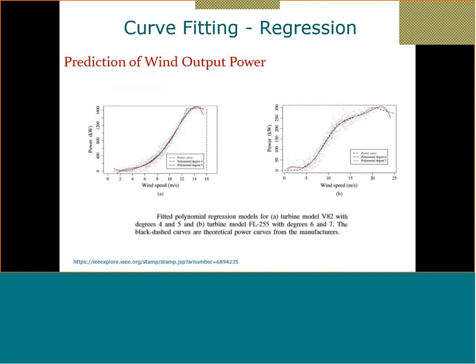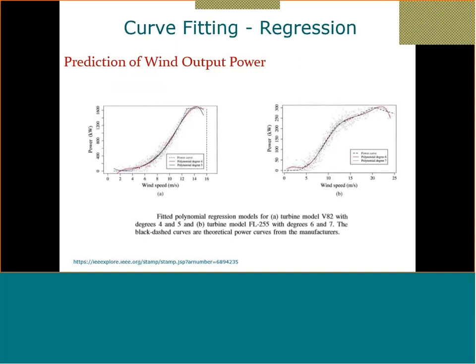The solution is to build a model that I can use for a forecast. So one of the applications of regression is to build a system or an equation that can be used to predict what will be the output power after 10 minutes in the future. This is the simplest machine learning algorithm you can have. If you study machine learning, the first thing they will talk about is regression models.